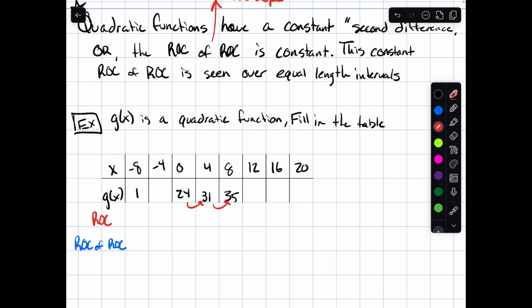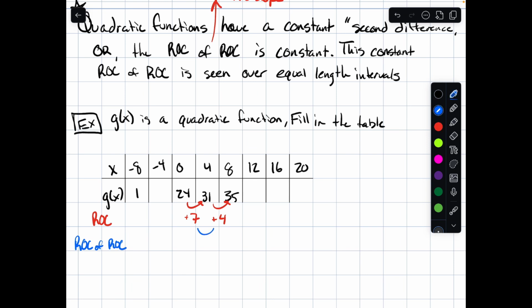So how do I get from 24 to 31? I'm going to add 7, and I'm going to make sure to add the plus sign in here. And then how do I get from 31 to 35? I add 4. That's just saying, here's the average rate of change over this interval.